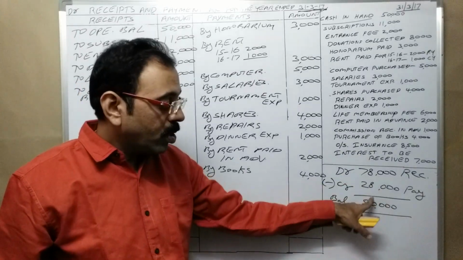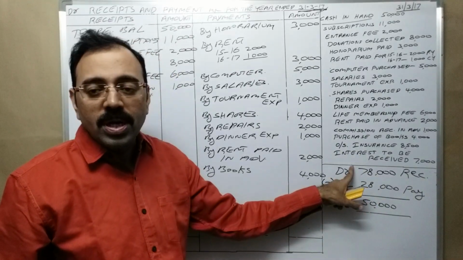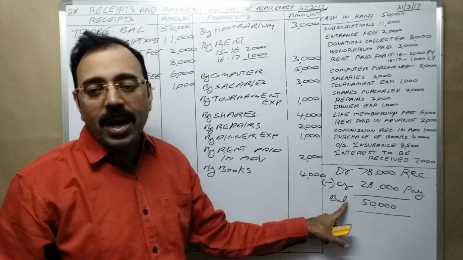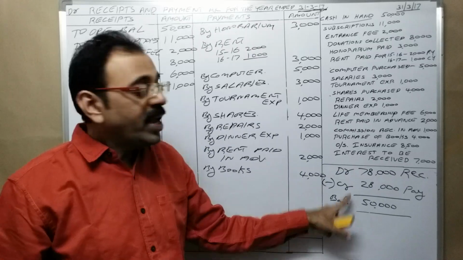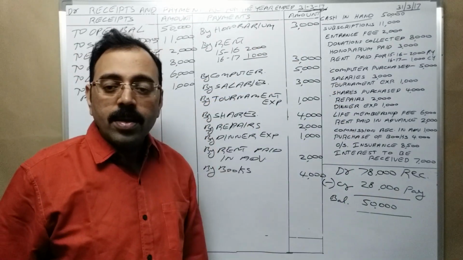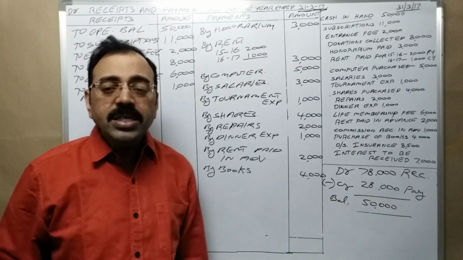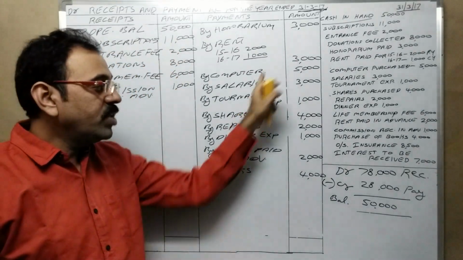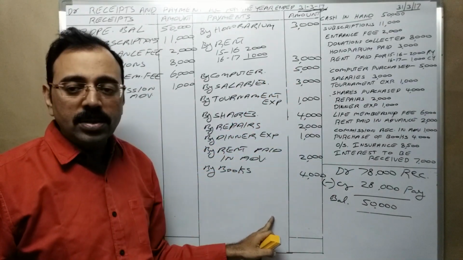Which total is more? Debit total is more. Therefore, this balance figure is known as debit balance. Why does receipts and payments account show a debit balance? Because on the debit side we are writing receipts, and on the credit side we are writing payments.